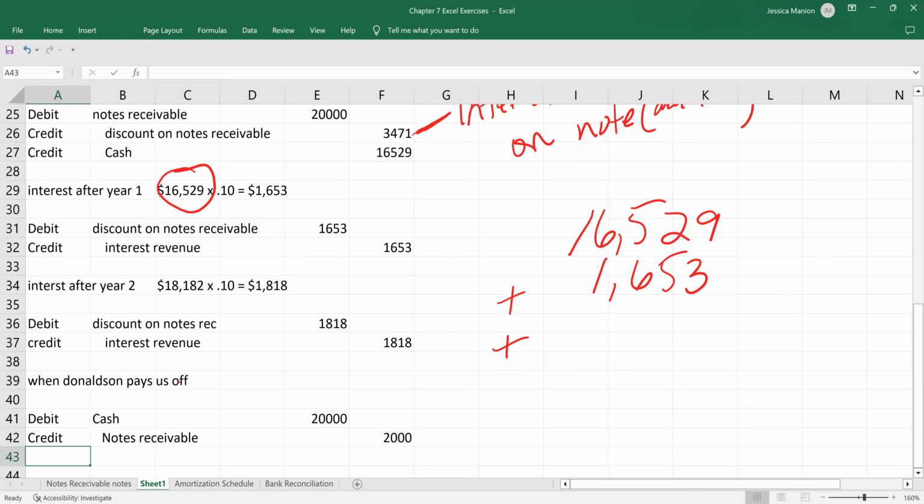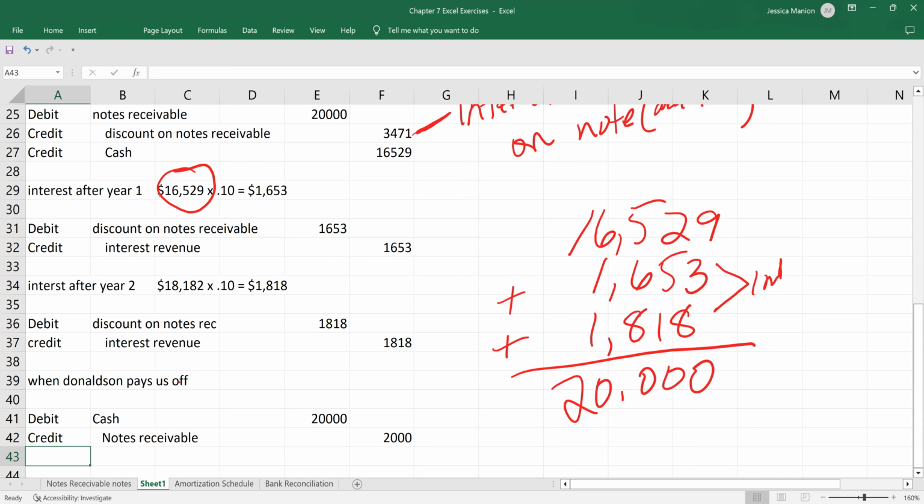And then we charged interest of 1,818 year two. So now if we add all three of these amounts together, 16,529 plus 1,653 plus 1,818, that's our entire $20,000, right? That was the interest charged. Are we okay with that?